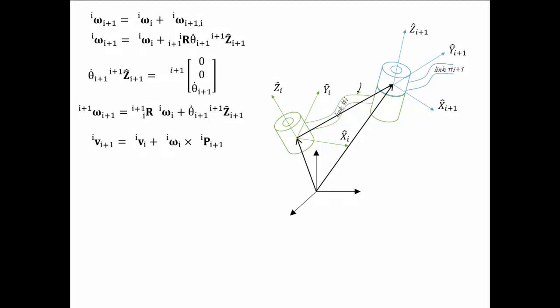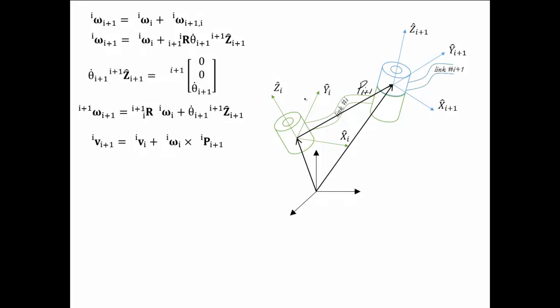Obviously it has to be in frame i, because we are measuring from here, in i. So p_{i+1} in i, omega cross, because this link is now rotating.